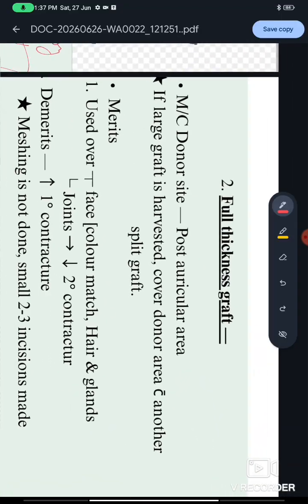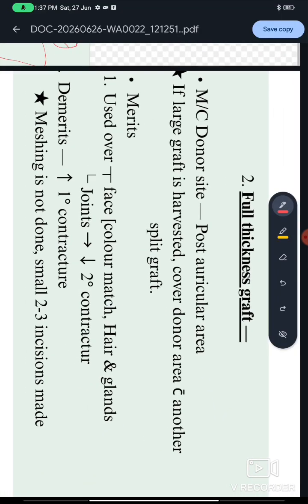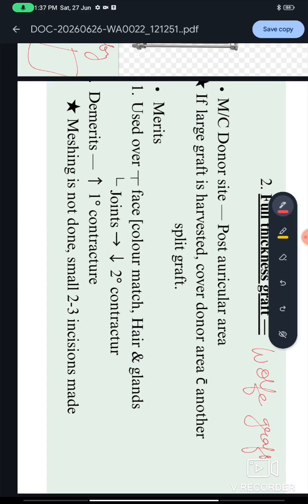Next comes the full thickness graft or the Wolfe graft. The most common site is the postauricular area behind the ear.